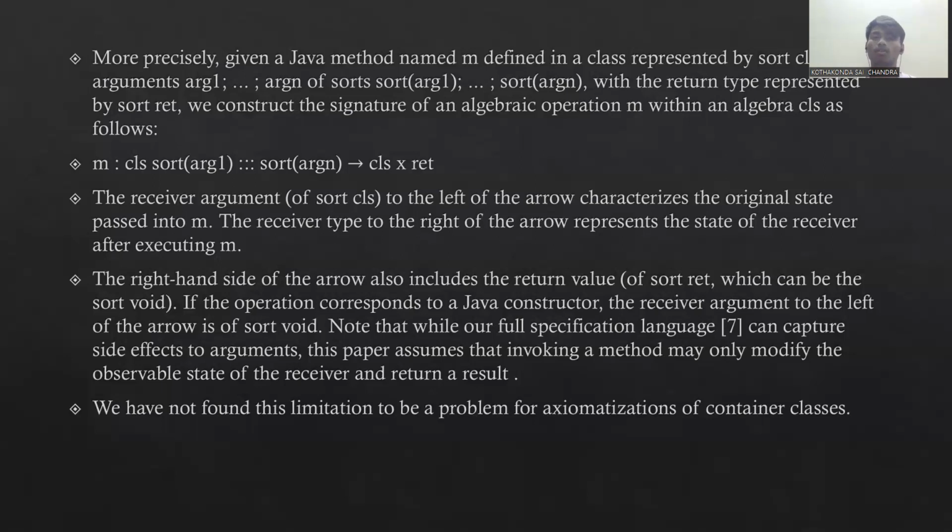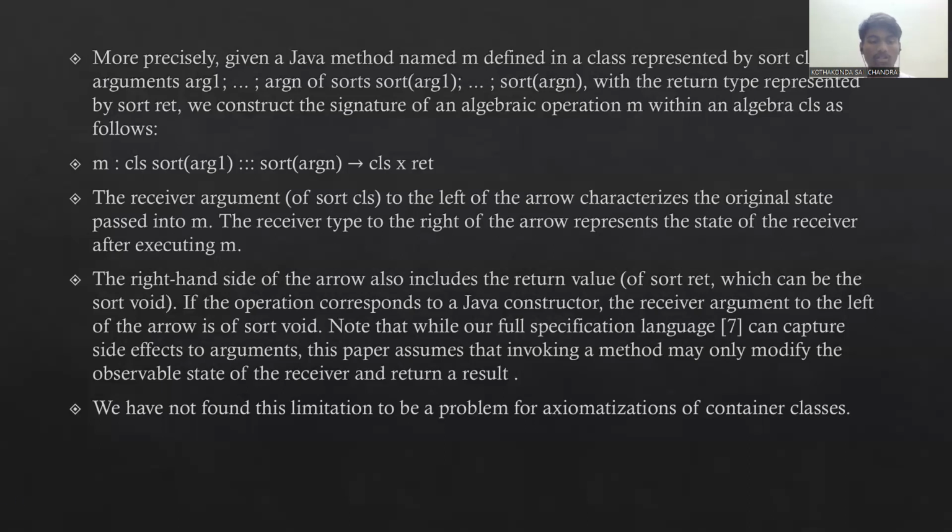Note that our full specification language can capture side effects to arguments. This presentation assumes that invoking a method may only modify the observable state of the receiver and return a result. We have not found these limitations to be a problem for axiomatizations of container classes.